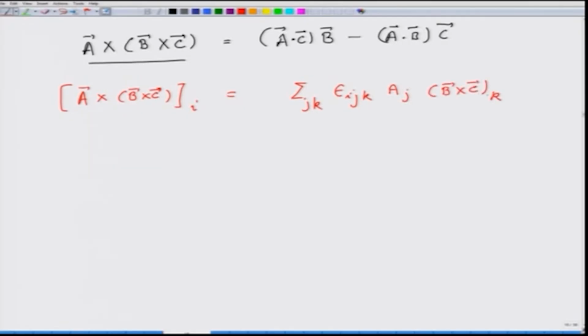And how do I express the kth component of B cross C? It is going to be epsilon_klm B_l C_m, and I am going to sum over l and m also. This is the whole expression.